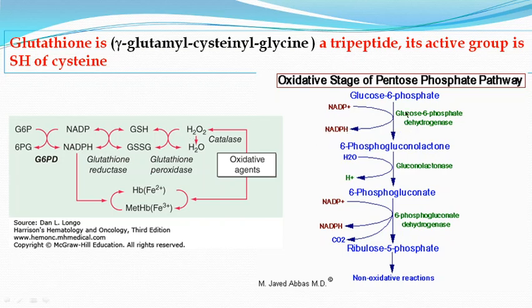If glucose 6-phosphate dehydrogenase is mutated and becomes deficient, which is a hereditary condition, then neither will glutathione reductase be active nor will methemoglobin be converted into normal hemoglobin.